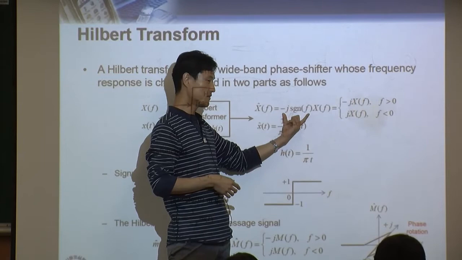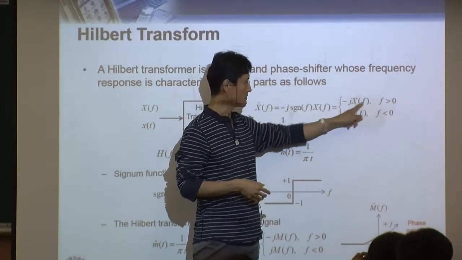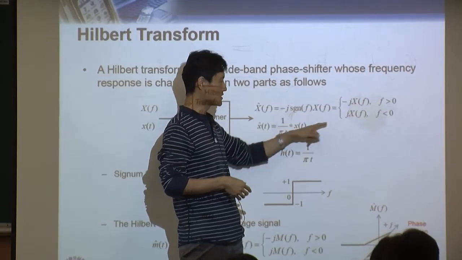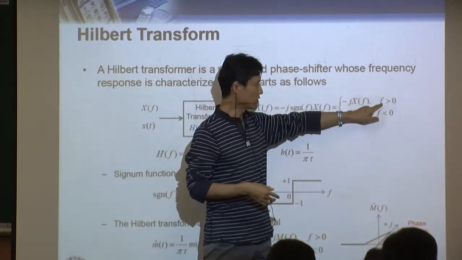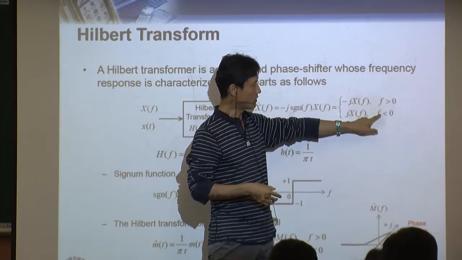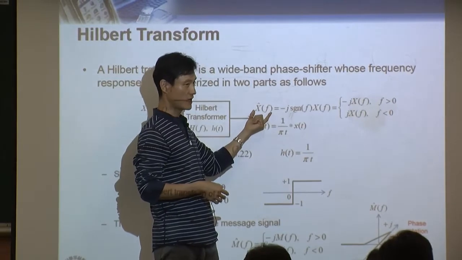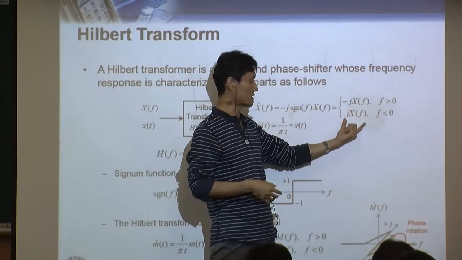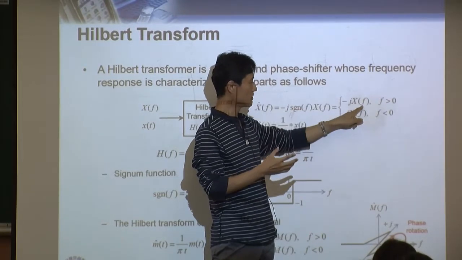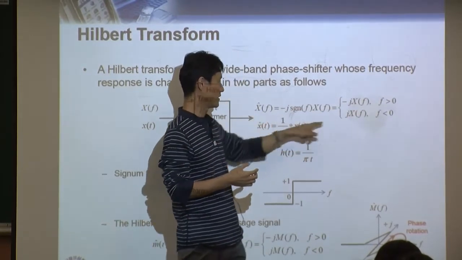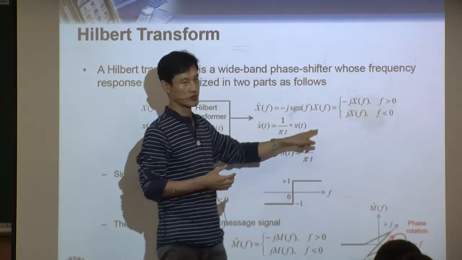But this H(f) becomes minus j in positive frequency, or j in negative frequency. So depending on whether the frequency is positive or negative, the output x hat(f) becomes this or this. If the frequency is positive, you get this one. If the frequency is negative, this is going to be the output.